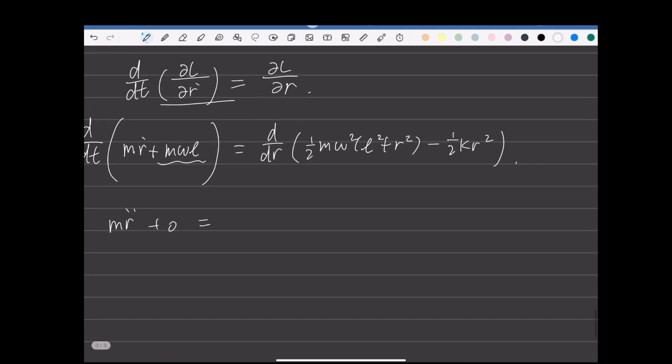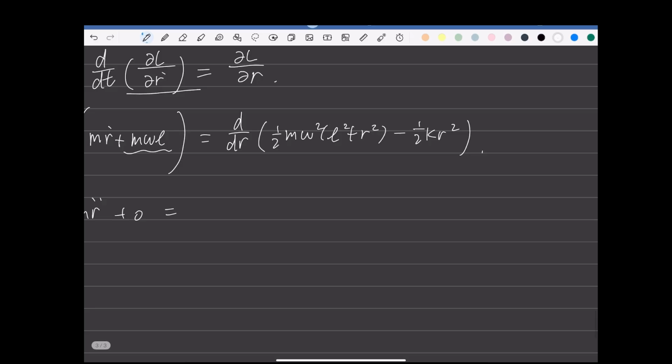Now about here, well, we utilize the chain rule again. So let u be L squared plus r squared. What is du dr? Well, it should be 2r, right? So then this differentiation basically is m omega squared r.